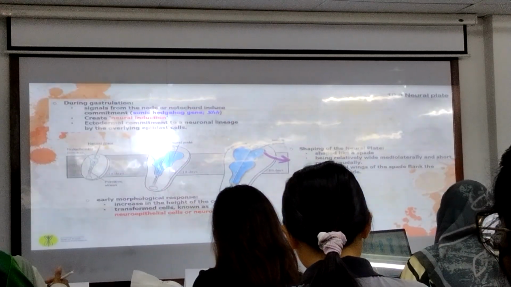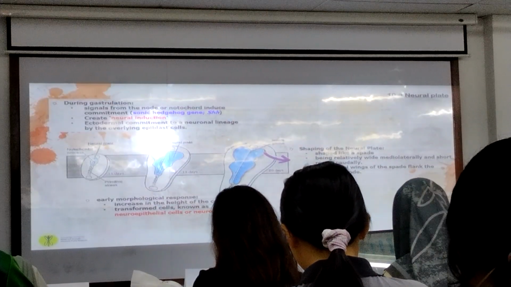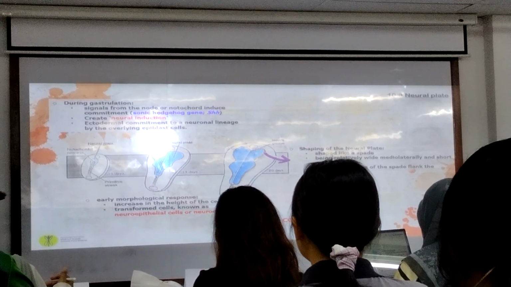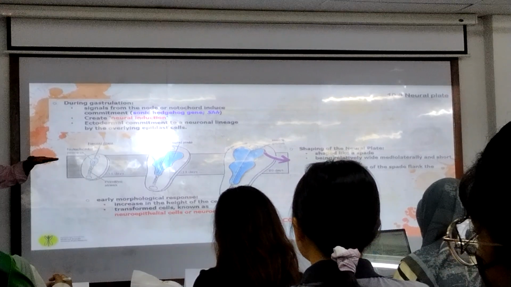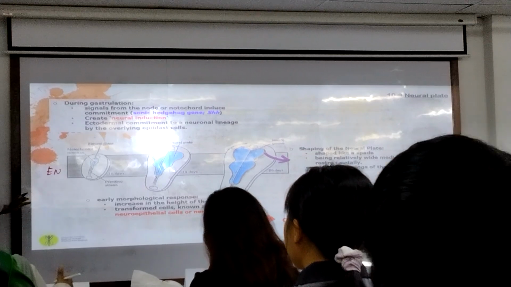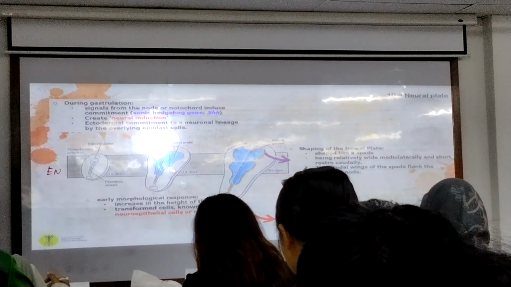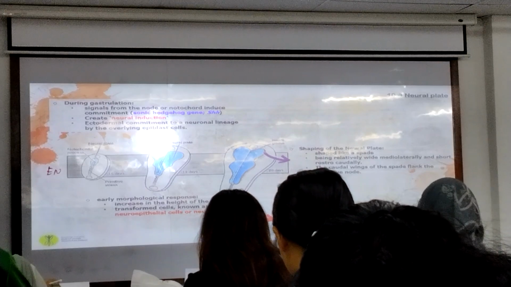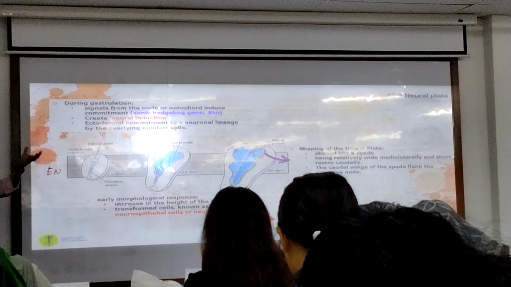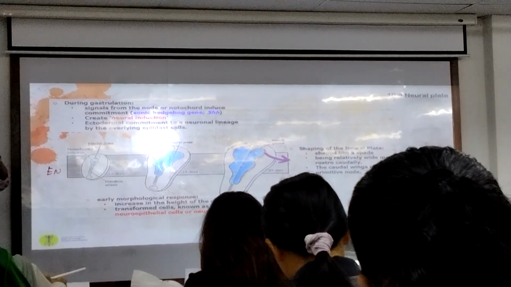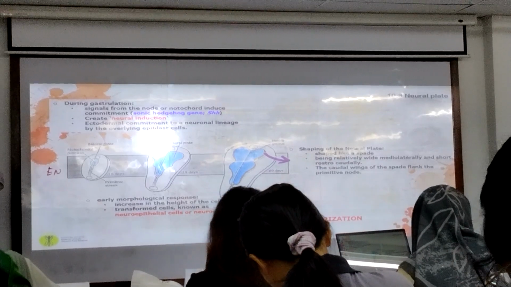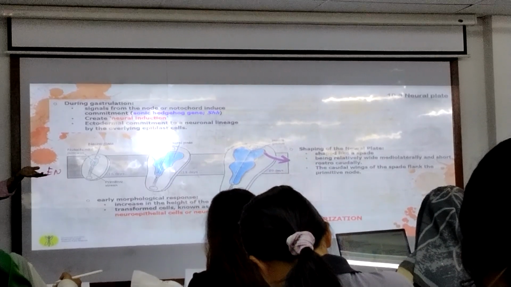Okay, so this is what we call the neural plate. As I said, a neural plate will be formed from the ectodermal neuron, which is basically undetermined cells. It's a special cell, not like ordinary ectoderm, because ordinary ectoderm forms skin, hair, and so on. Whatever you see on your body now was formed from the ordinary ectoderm.